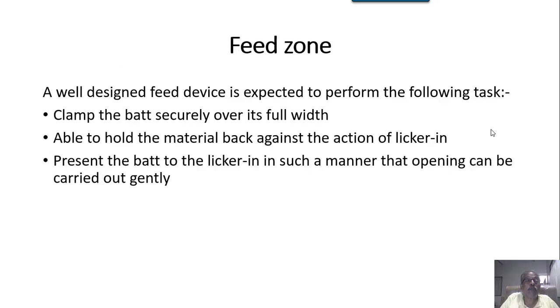So very quickly we go for the comparison of the conventional feed and different zones on the carding machine. A well-designed feed device is expected to perform the following tasks: clamp the bat securely, be able to hold the material back against the action of the Likkerin, and present the bat to the Likkerin in such a manner that opening can be carried out gently. So the gentleness of the action is what we are required to expect.